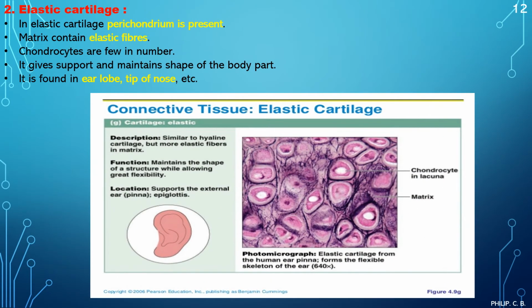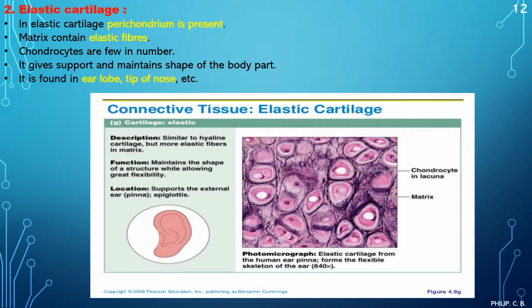Further, second type, elastic cartilage. In elastic cartilage, perichondrium is present. Matrix contains elastic fibers, which again provides flexibility. Chondrocytes are few in number. It gives support and maintains shape to the body parts. If you see, some of the points are similar to hyaline cartilage. It is found in the earlobe and tip of the nose.